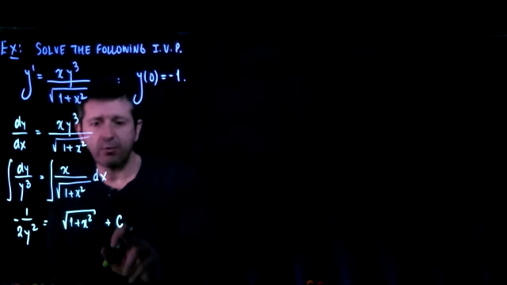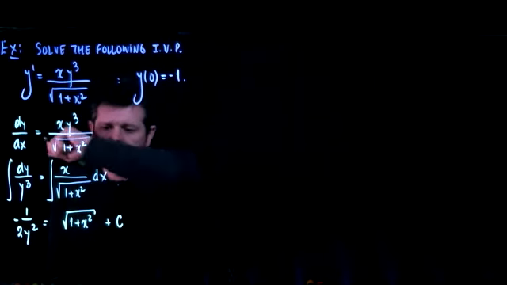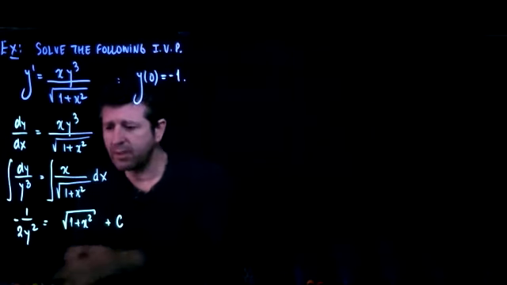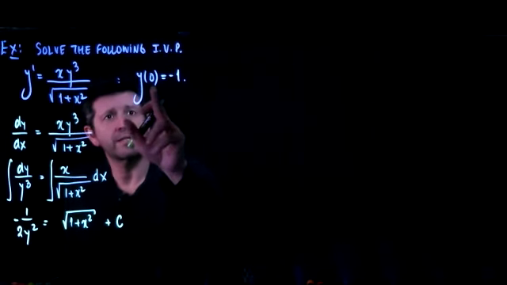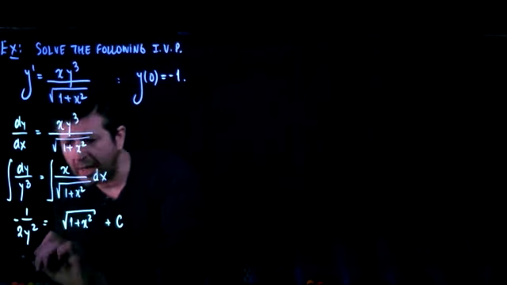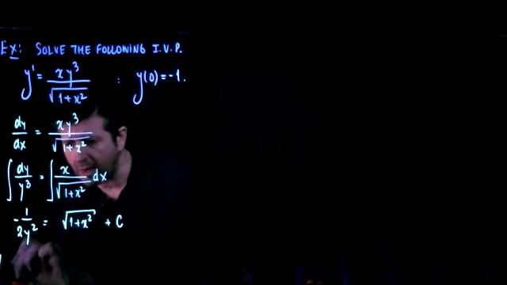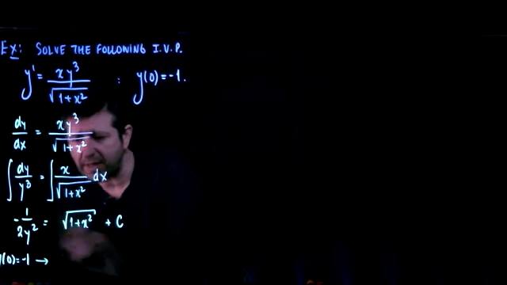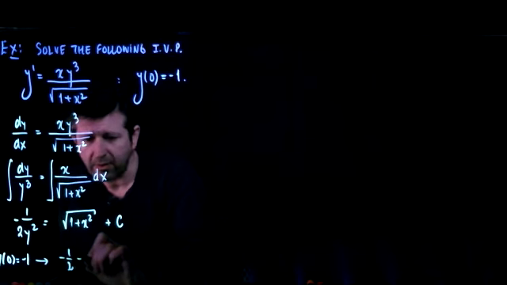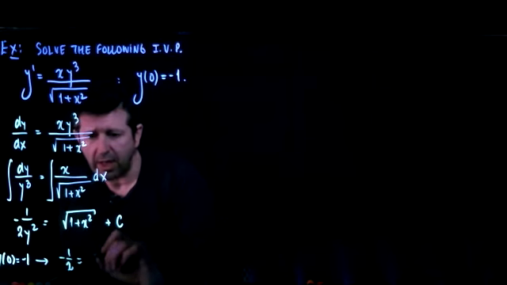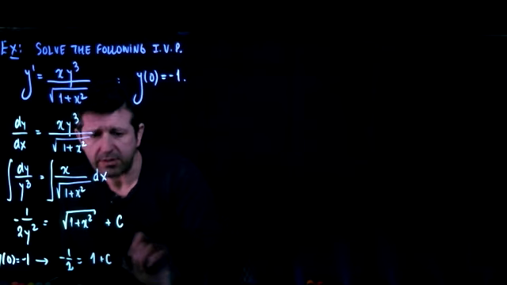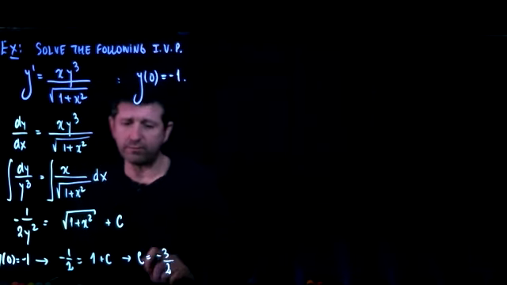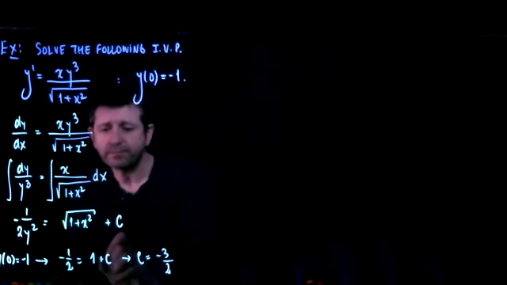Okay, so now we need to find C. So I'm going to apply the initial value. If I plug in x is 0 and y is -1, so y of 0 equals -1, it means that -1/2 is equal to 1 plus c, and so c is -3 over 2.